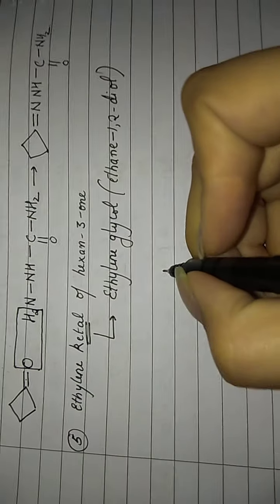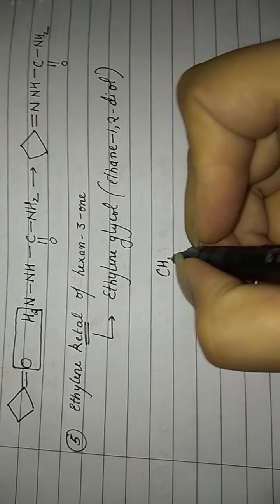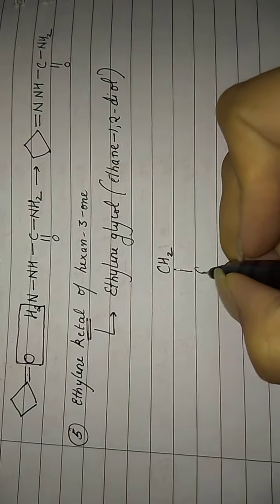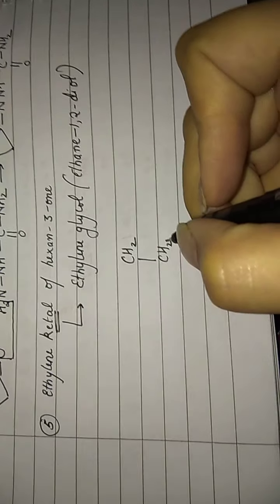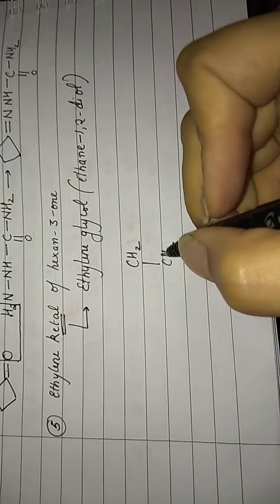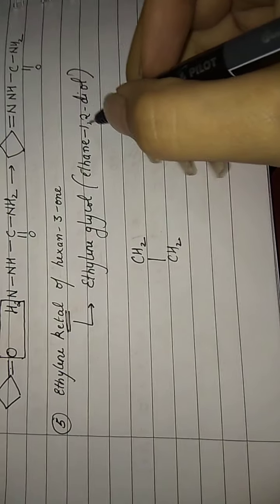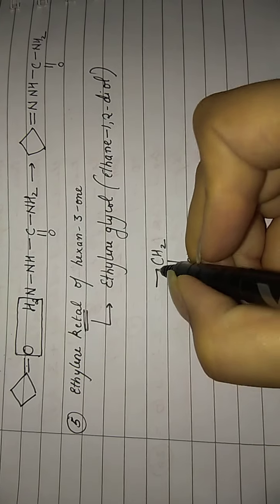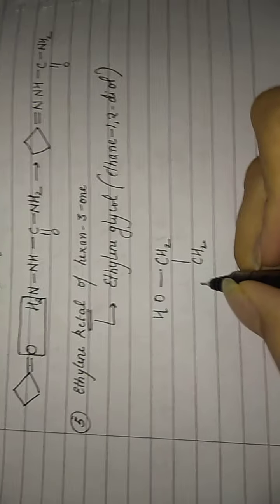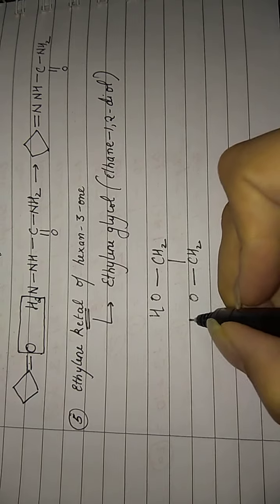Now all of you can draw the structure of ethane 1,2 diol. If this is my ethane chain, instead of drawing horizontally, I'm drawing it vertically, and on both the carbon atoms, the first and the second position, I have alcohol groups, diol. So I draw them like this.